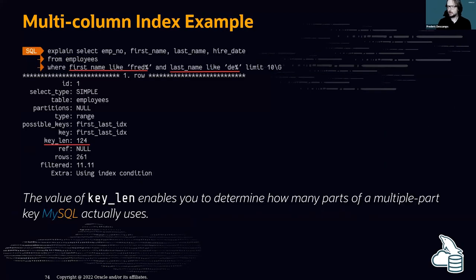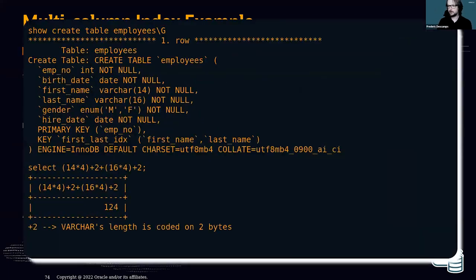So let's have a look, right? Here, I do again first name Fred, last name like dec and percent. We can see here it used the key length, it's 124. With the key length, I will be able to determine which part of that multipart index is used, right? So for that, I need to check the definition of the table.